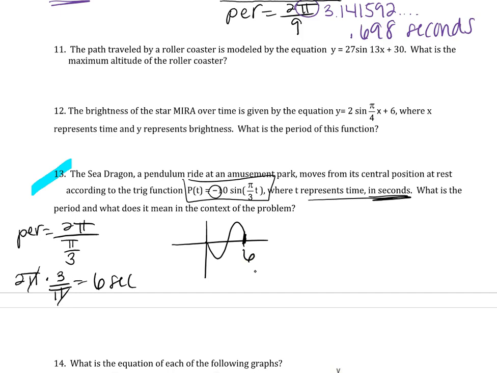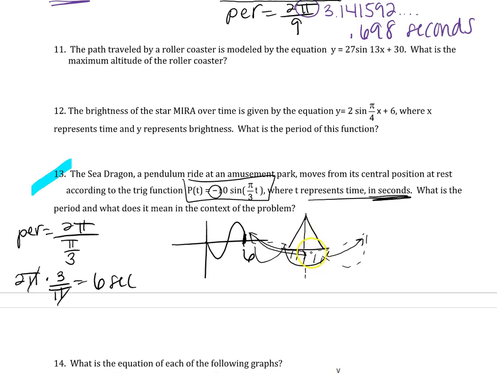So, in the context of the problem, if you need to, here's even a visual of it, and I'm not an artist. This is one of those boat rides, if you've ever been to Fantasy Island, where this is its starting position above its equilibrium point, and it's swinging back, forward, back to center.